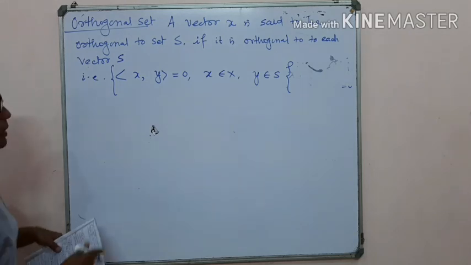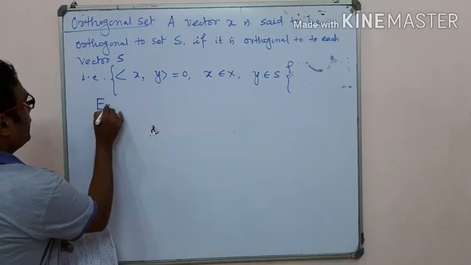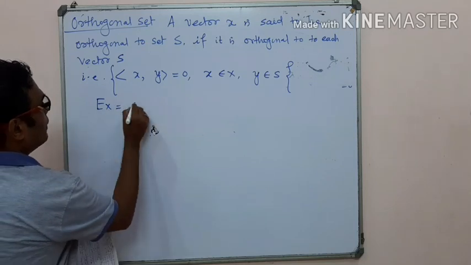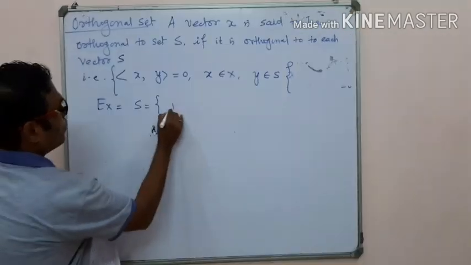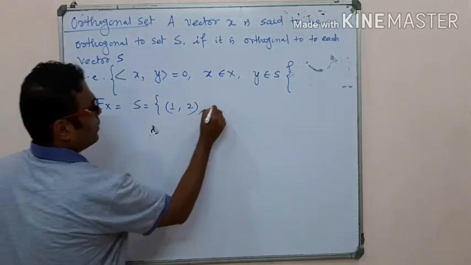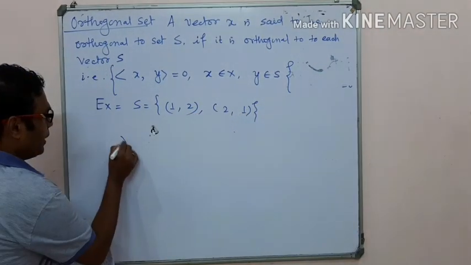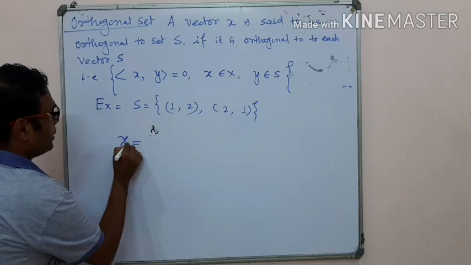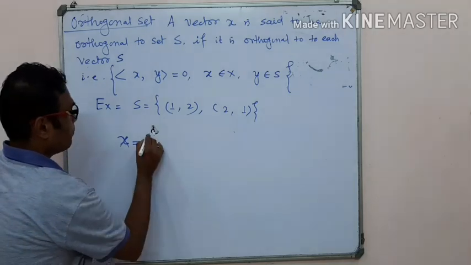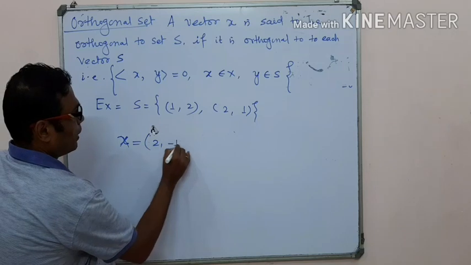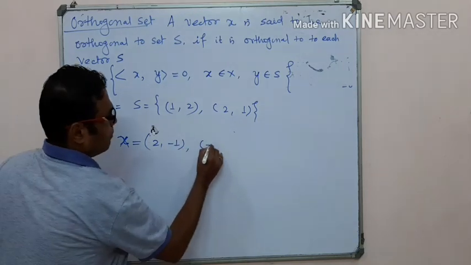Now we take the example. S is (1, 2), (2, 1), and x is any element of this type, like (2, -1) or (-1, 2).